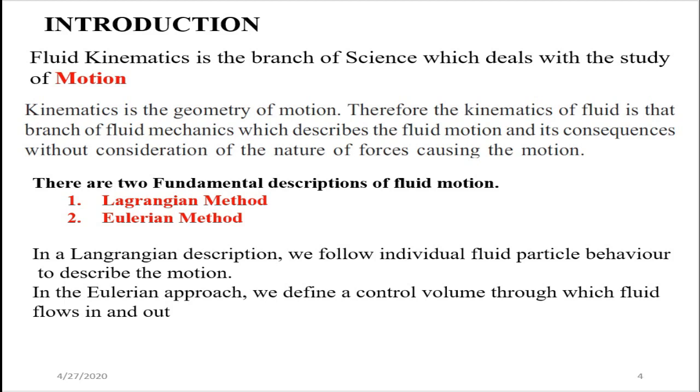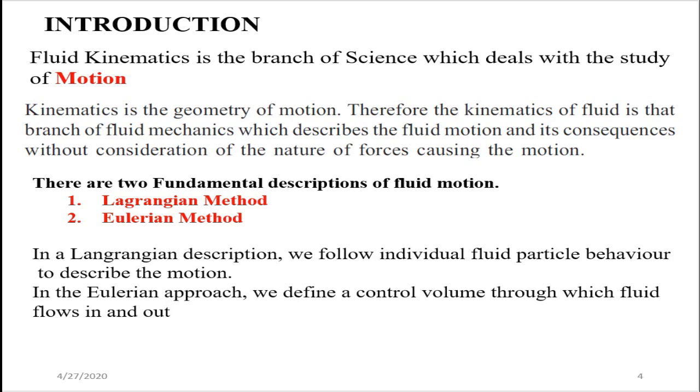The Lagrangian method of describing motion is much more difficult for fluids because we need the individual particle behavior to describe motion. In the case of the Eulerian method, fluid flow is described by defining a finite volume called a flow domain or a control volume.